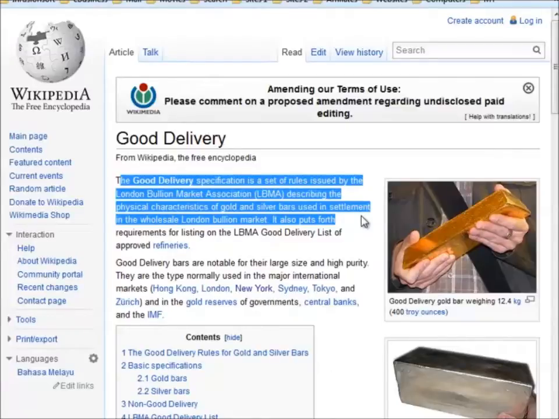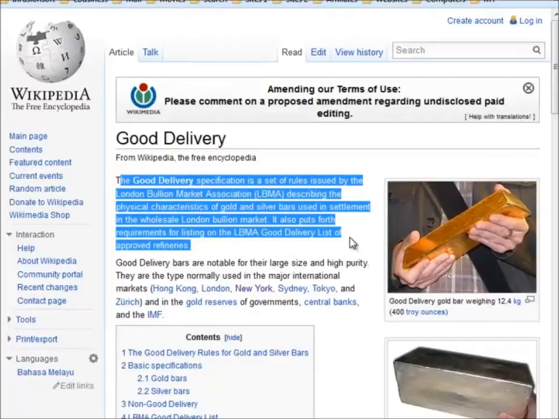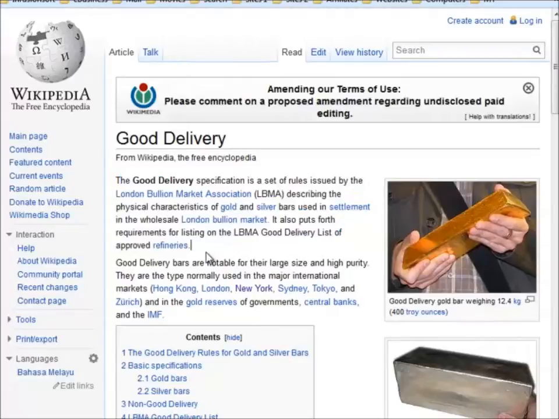It also puts forth requirements for listing on the LBMA good delivery list of approved refineries. So if you're going to buy your gold, you'd want to buy it from an LBMA approved refinery.